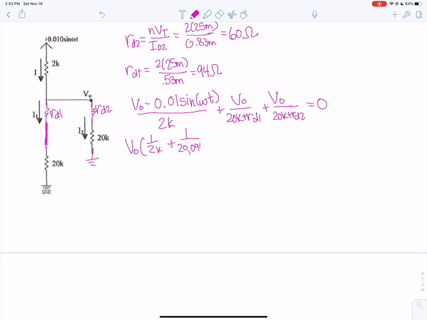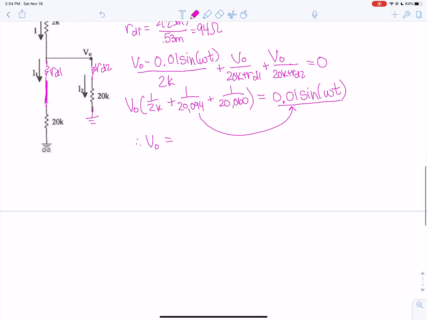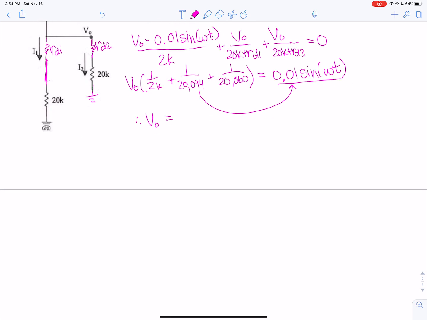RD1 was 94 and RD2 was 60. Then we can divide this, and we can get a value for V0. In this case, it becomes approximately 8.3 milli sine omega t.